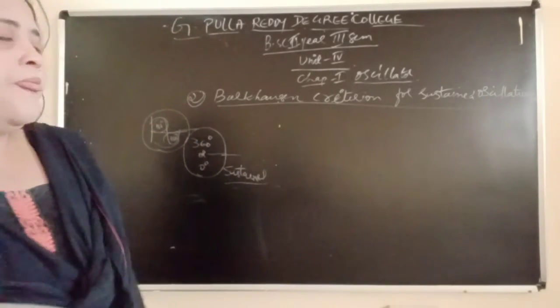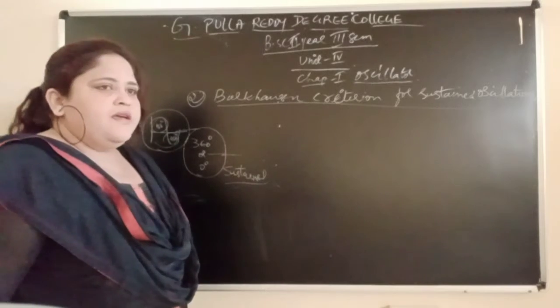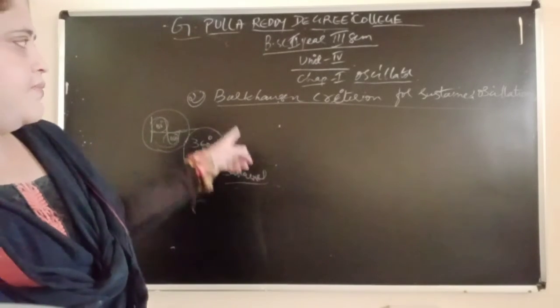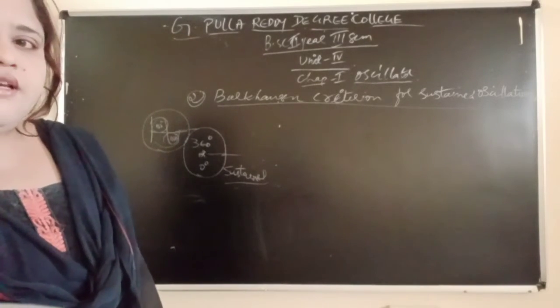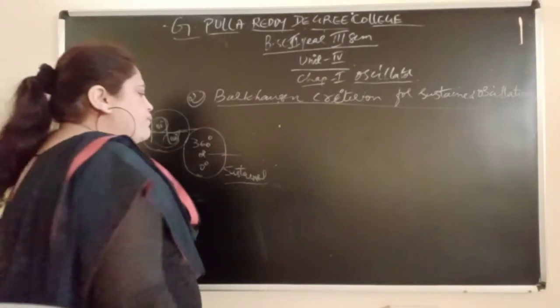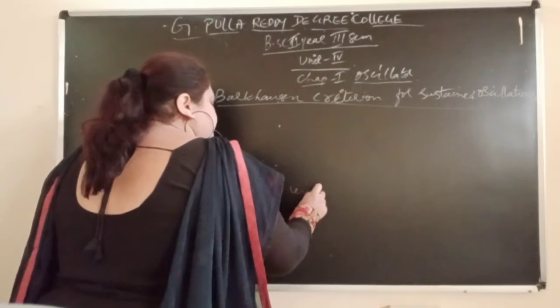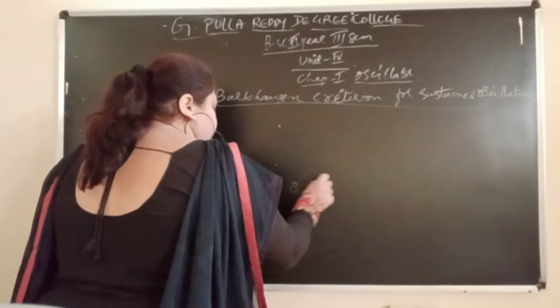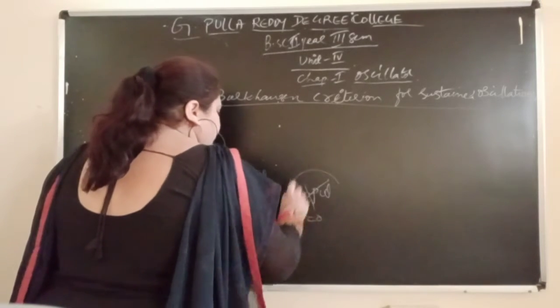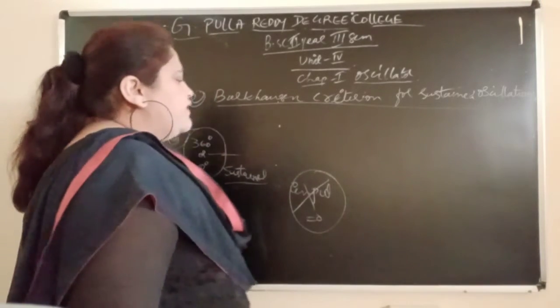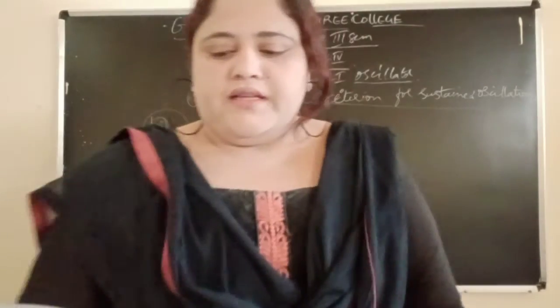And one more important point: in this Barkhausen criteria for sustained oscillation, we will confirm that the input is becoming 0. Input should be 0, and there are two conditions for sustained oscillations. Barkhausen criteria is proving to us that the input is becoming 0.